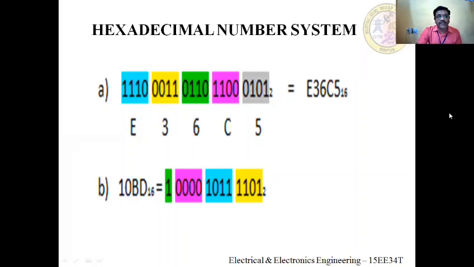So example A is the 4-bit binary. Here, 4-bit binary is converted to equivalent hexadecimal number. And in example B, a hexadecimal number is converted to its equivalent 4-bit binary numbers.